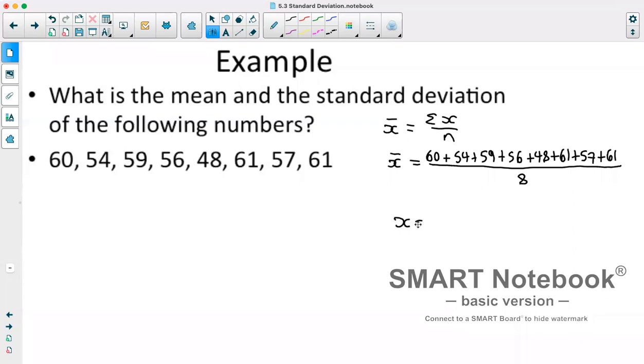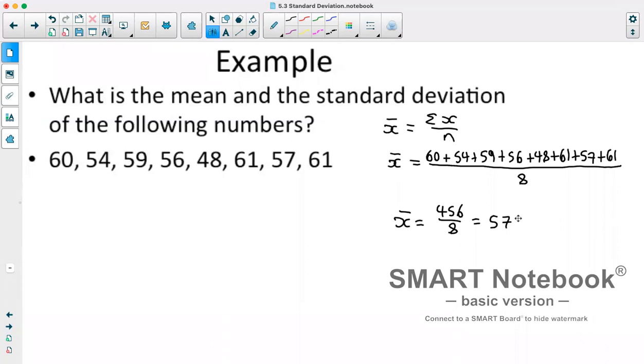So we add all these up, 456, divided by 8. So we have a mean of 57.